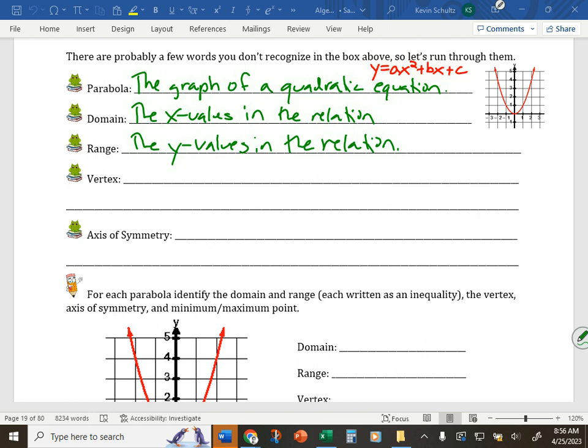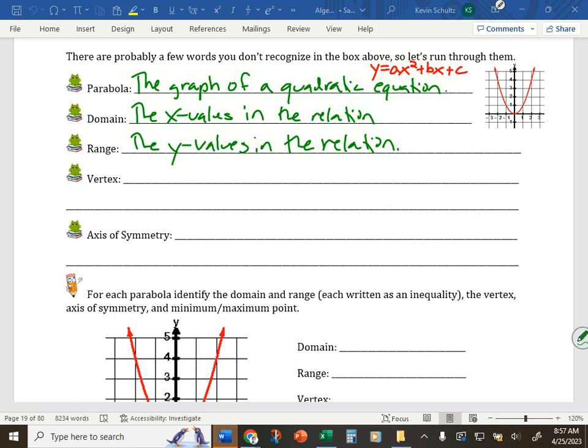How about vertex? You've probably heard vertex before in the context of an angle. When you have an angle, the vertex is the corner, where the two sides meet. But with a parabola, it means something a little bit different. Similar, but different. What do you think vertex means? Yeah, it's where the curve happens.